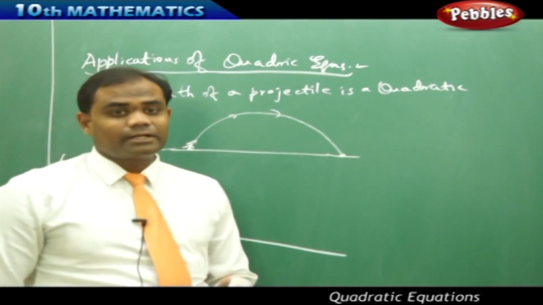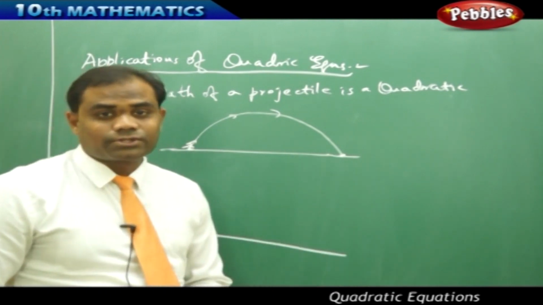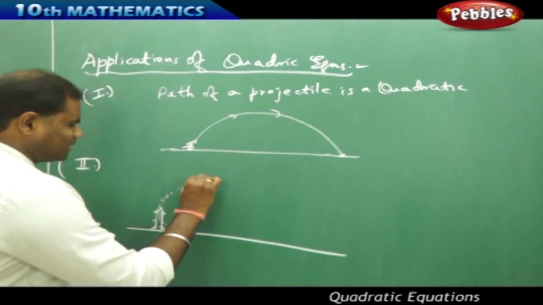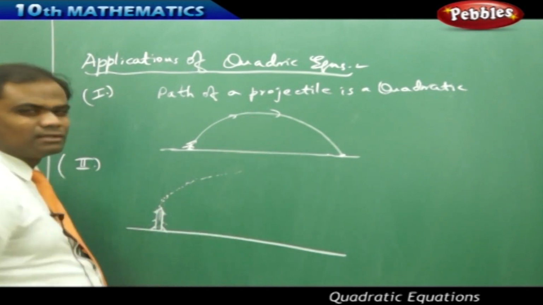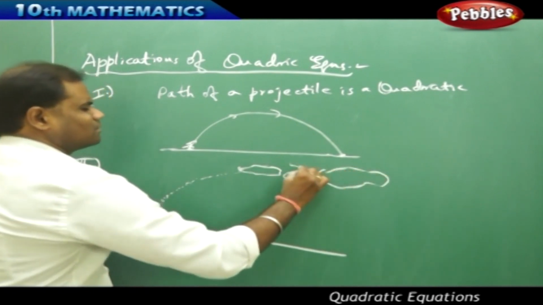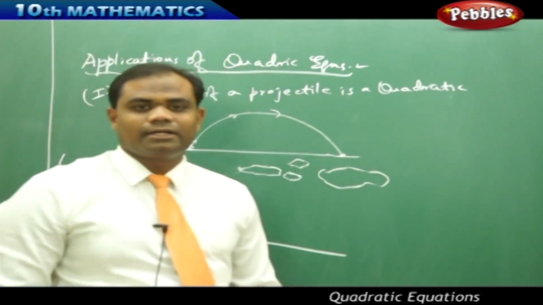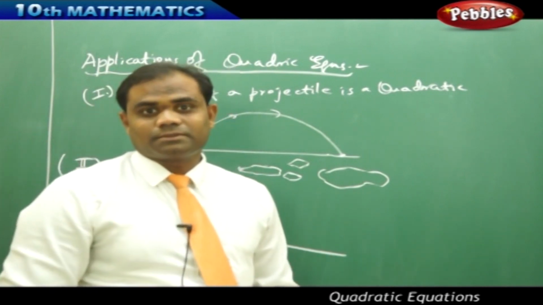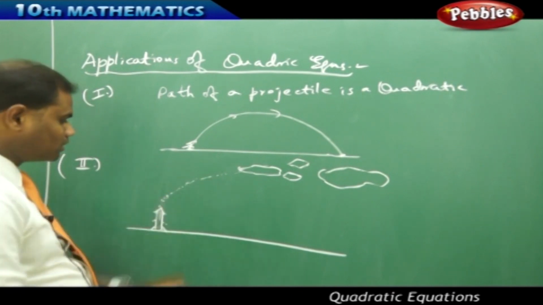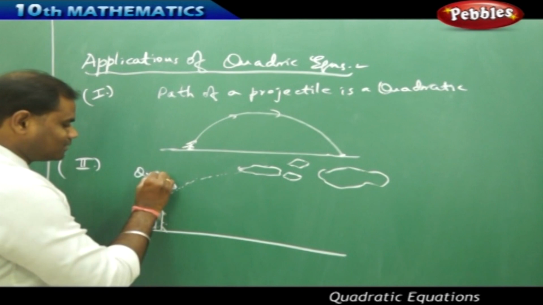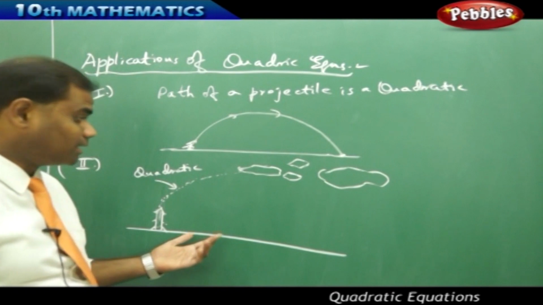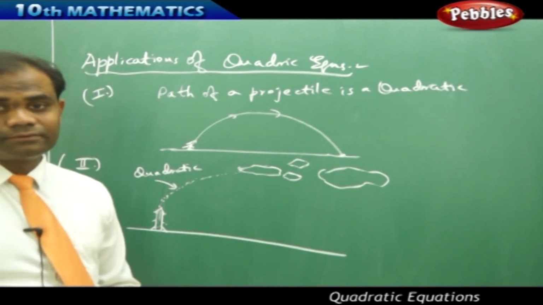We generally assume that it goes straight in the sky, but no, it doesn't go straight, it goes like this into the sky, and then goes outside the sky, crossing into space, sometimes to the moon. Therefore, the launching of a rocket, the moving of a rocket from the ground, can also be represented using a quadratic, which is one way of understanding quadratics in real life.